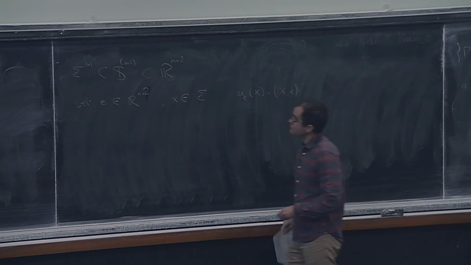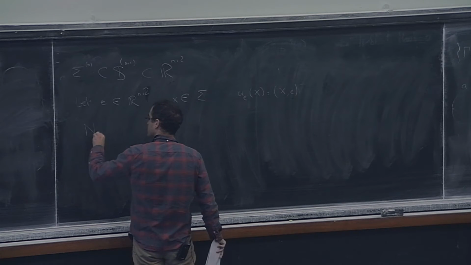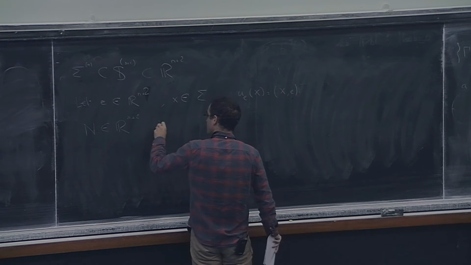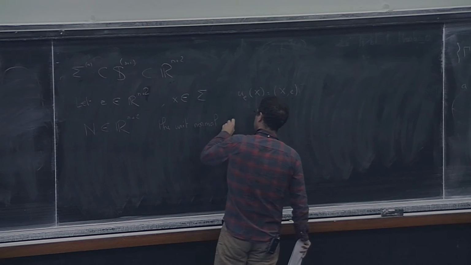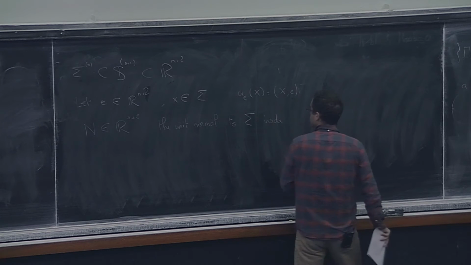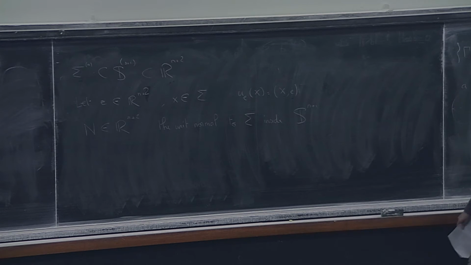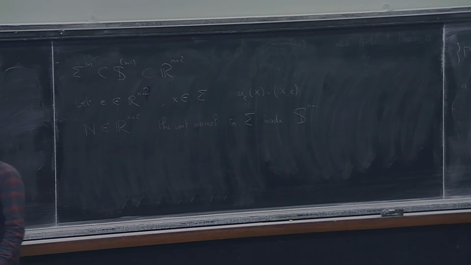And in fact, you also have another thing, which is the unit normal N inside R^{n+2} to sigma inside the sphere of dimension n+1. So it's still a function in R^{n+2}. So you still have n+2 functions which are well defined on sigma.